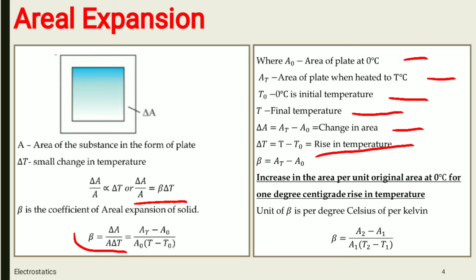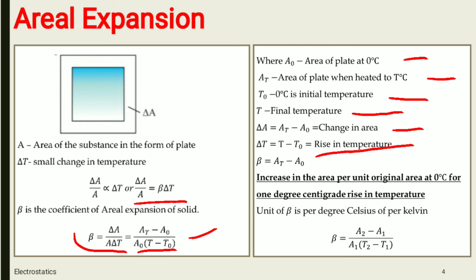Again, just like in linear expansion, we can write beta is equal to AT minus A0. How can we write it? Because if you consider the initial area A0 in this equation as 1 unit, and the change in temperature as 1 degree Celsius or Kelvin, then beta is equal to AT minus A0.